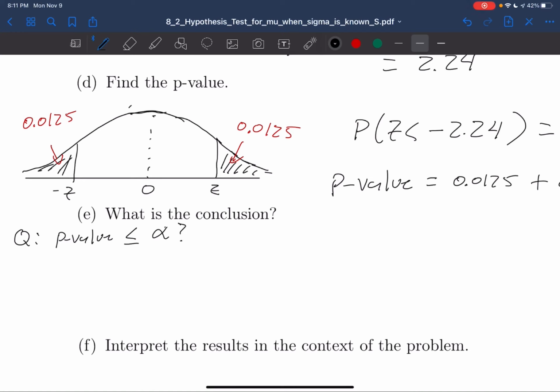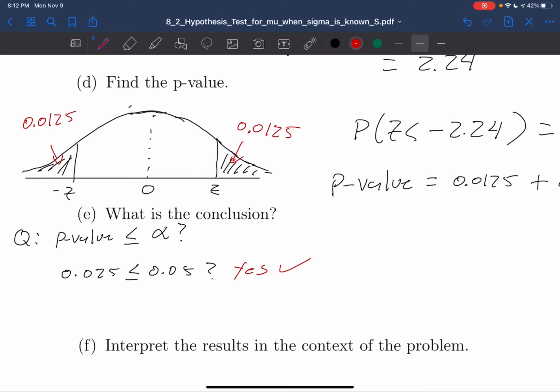So is our p-value, which we just computed, 0.025, less than or equal to 0.05? And the answer is yes. We know that 0.025 is definitely less than 0.05 because it is a smaller number.